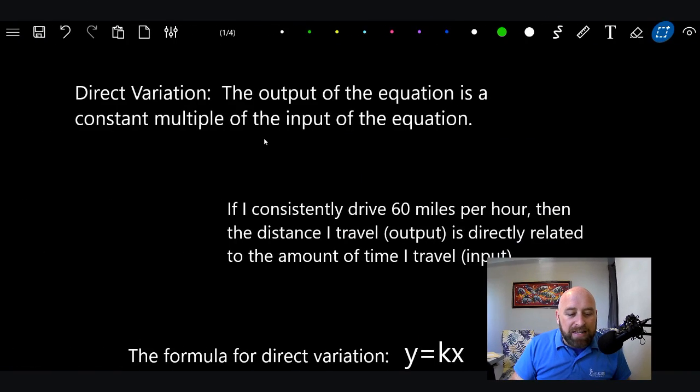Direct variation, I wrote it down here on the screen. You can look at it. The output of the equation is a constant multiple of the input of the equation. How can I say this a little differently than the way the book words it?